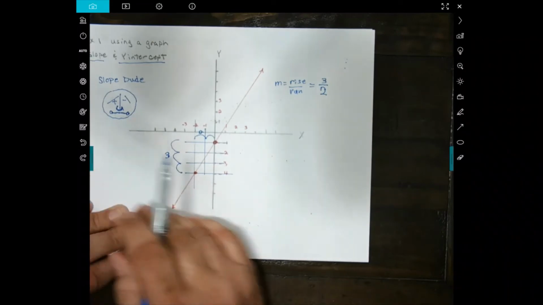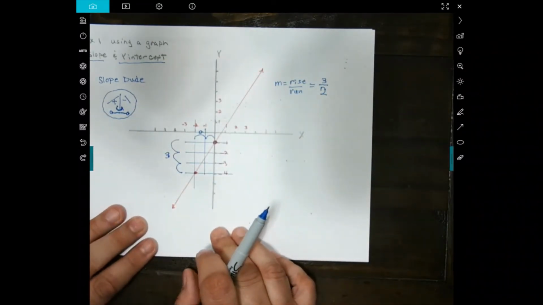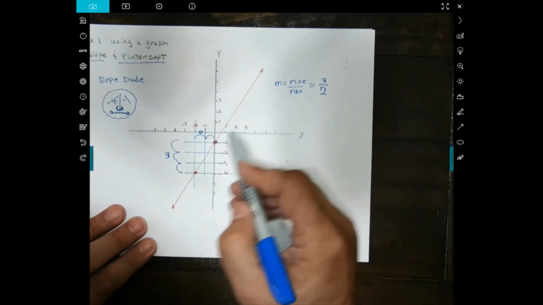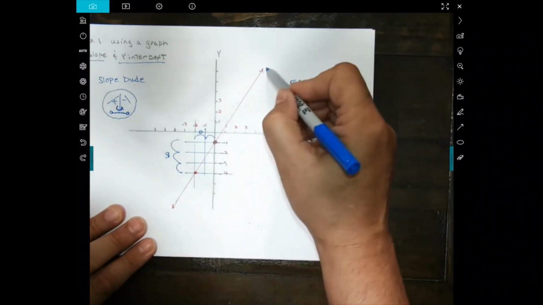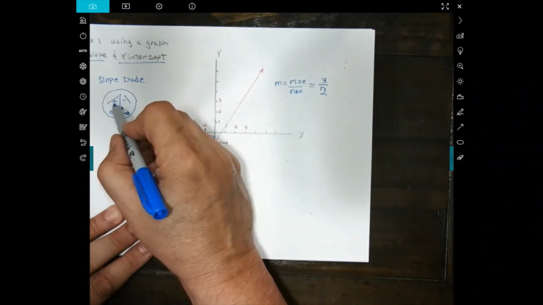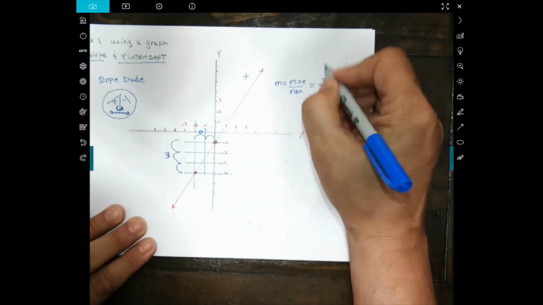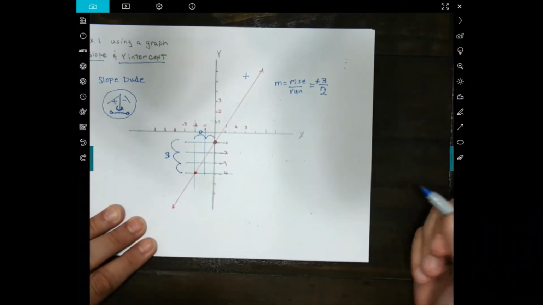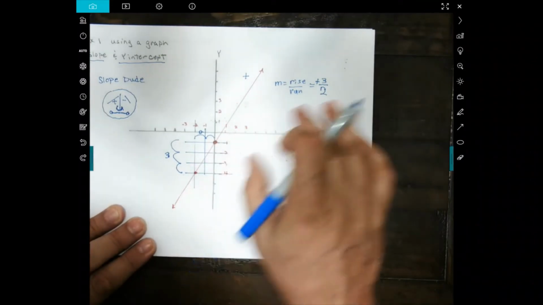So a line straight up and down is undefined. It's always an easy way to check if your slope is positive or negative. In this case, I see that my line is going uphill to the right, and I look at my slope dude and I see that uphill to the right is positive. So I know my slope is positive. It went up and to the right, so up and to the right is positive also.